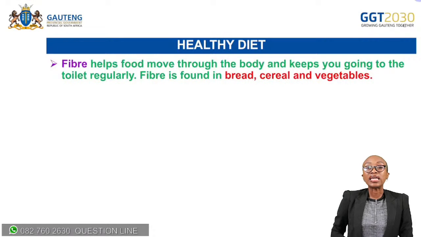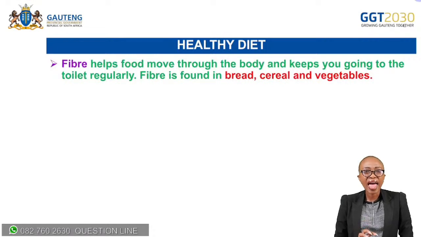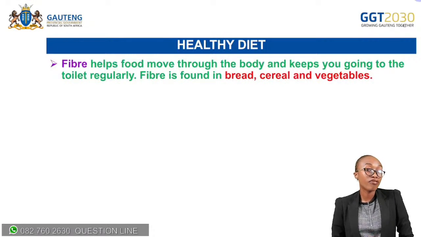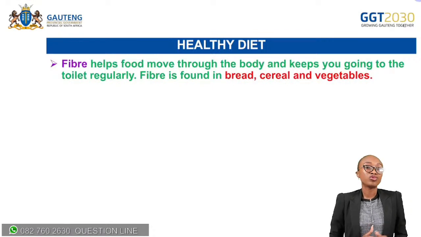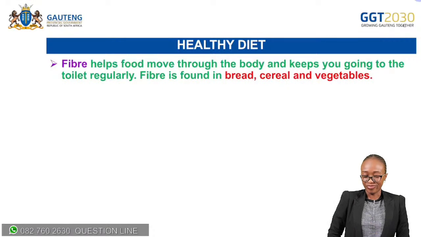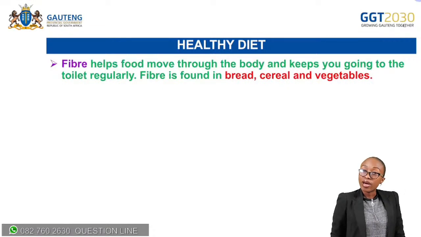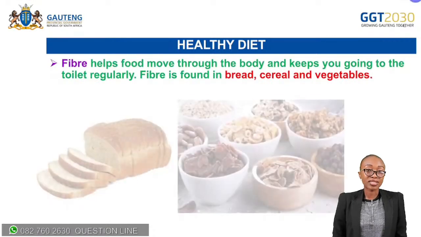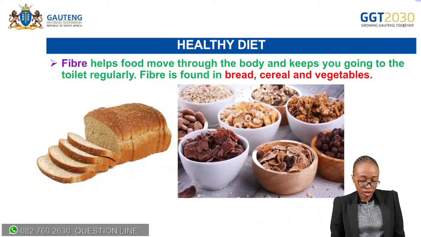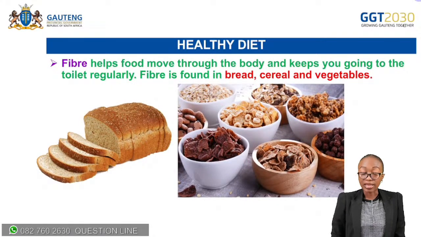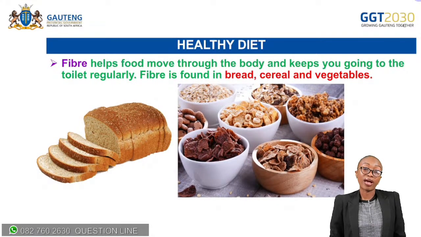It's packed with loads of fiber, and this fiber helps you to do your number 2. Where else do we find fiber? We find fiber in cereal and vegetables. So there's a loaf of bread, and then we have cereals there that have a lot of fiber in them.